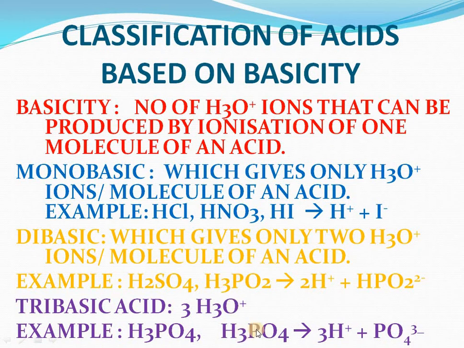But H3PO4 is tribasic because all the hydrogens are connected to oxygen, and only those give ionization. So the basicity of hydrochloric acid is 1, nitric acid is 1, sulfuric acid is 2, phosphorus acid is 2 and phosphoric acid is 3.